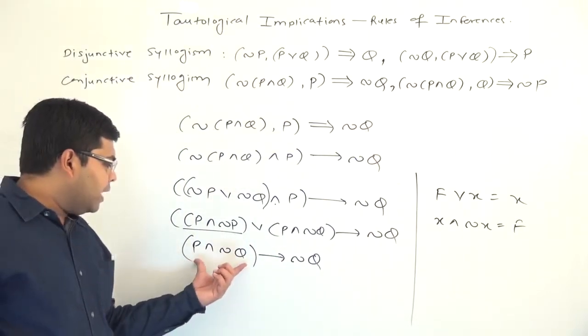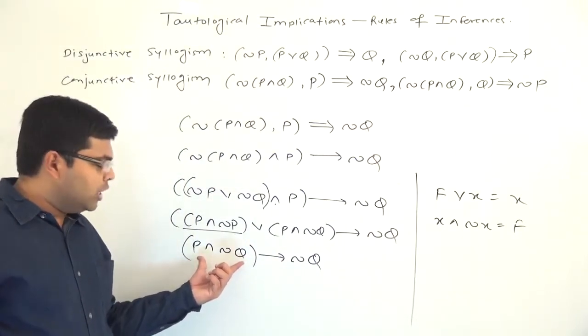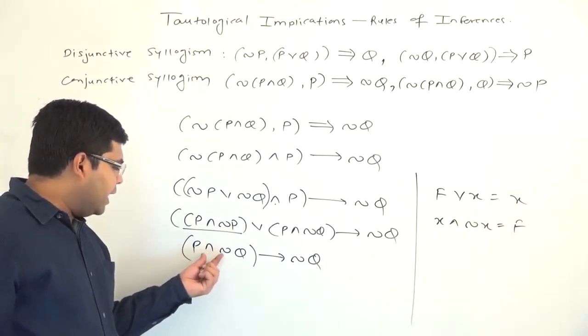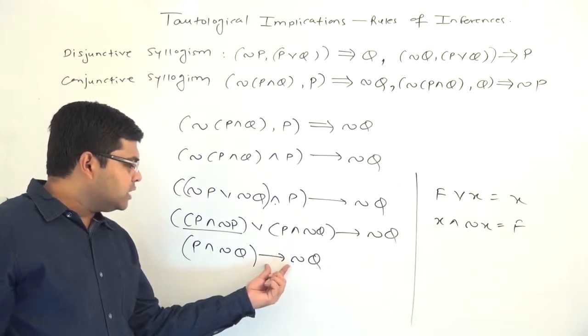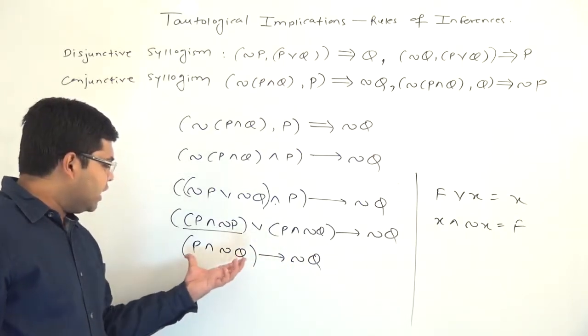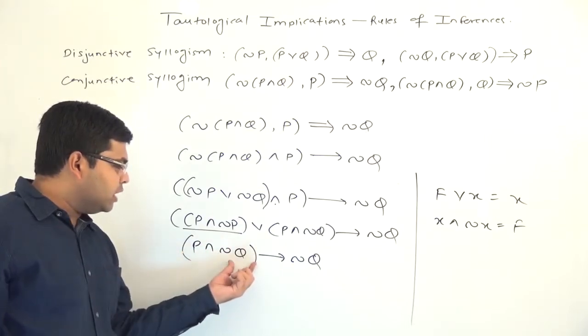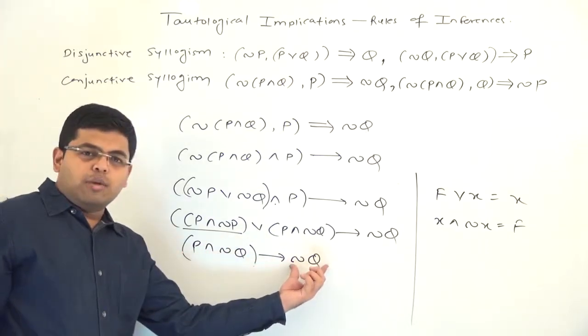And if you apply the simplification rule here, the very first rule that we saw, what did the rule say? P and Q implies Q. So we have already seen that whenever you have two variables like this, P and something, then it will imply one of the two terms.